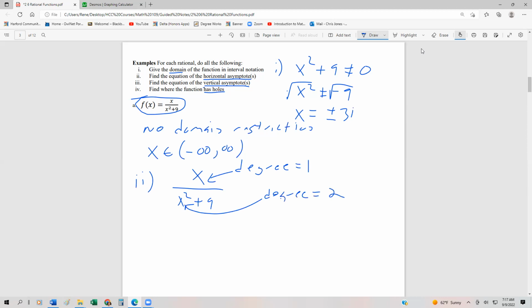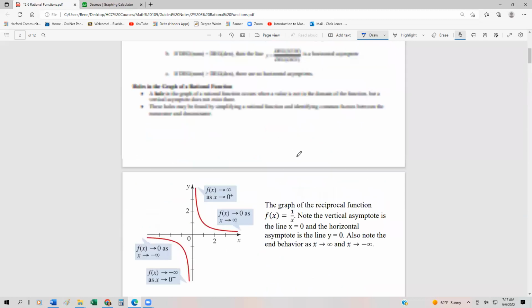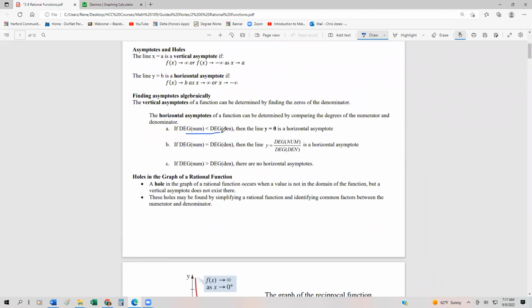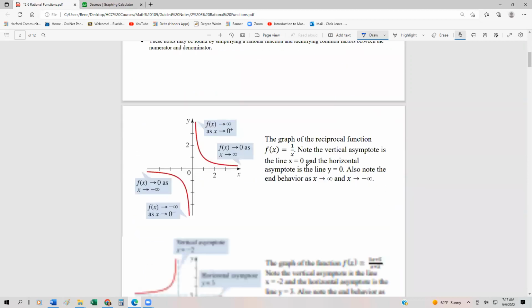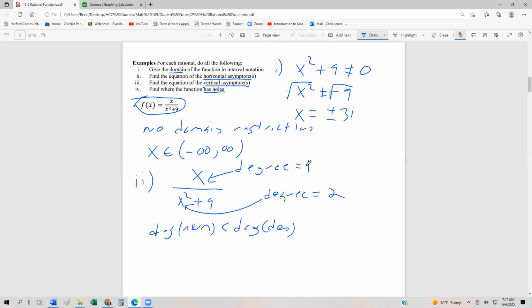And so we go back up to our rules and notice that the degree of the numerator is less than the degree of the denominator. Going back to these rules, if the degree of the numerator is less than the degree of the denominator, then y equals 0 is a horizontal asymptote. So our horizontal asymptote occurs at y equals 0.